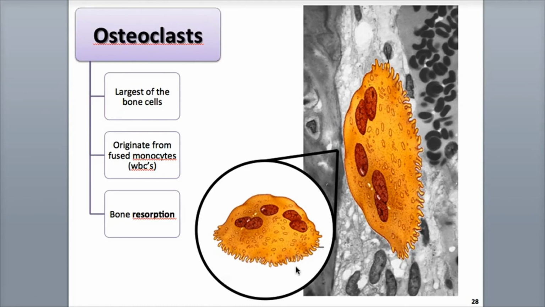This large collection of membrane surface area functions in secreting strong enzymes and acids and gives the osteoclasts a function opposite the osteoblasts in that they break down the collagen and salts of the matrix rather than build them up. This process is called bone resorption.